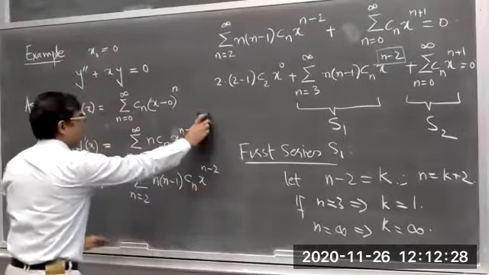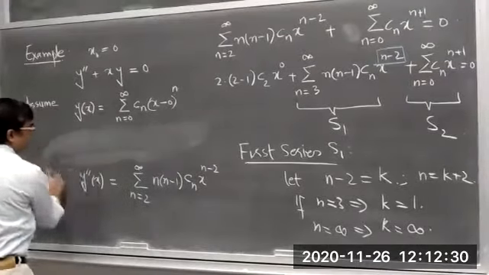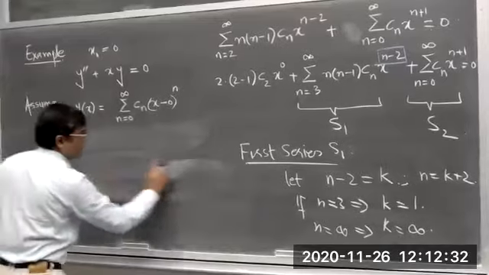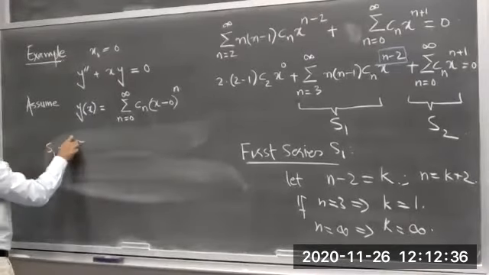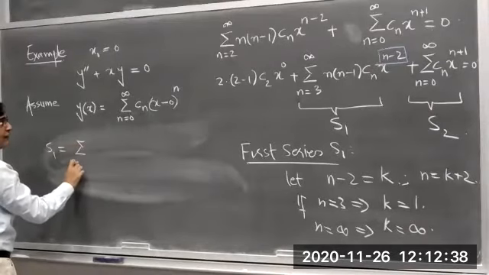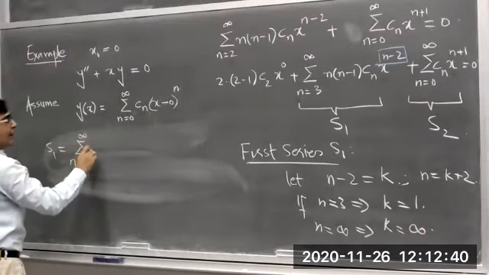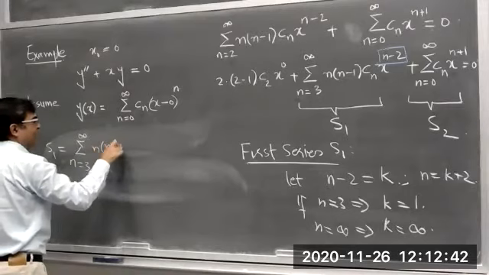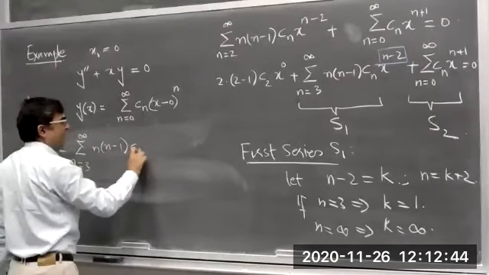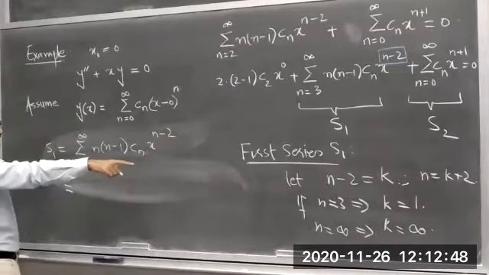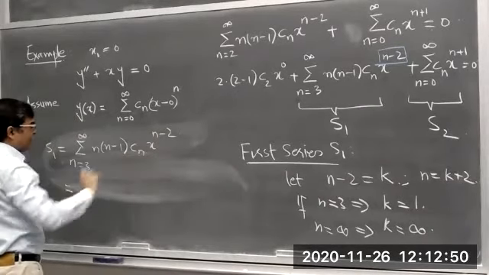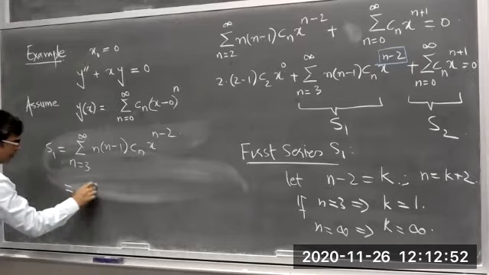Let me write it here. In S1, before it was n from 3 to infinity, n into n minus 1, cn x raised power n minus 2. Now, after using these substitutions, what do we get?